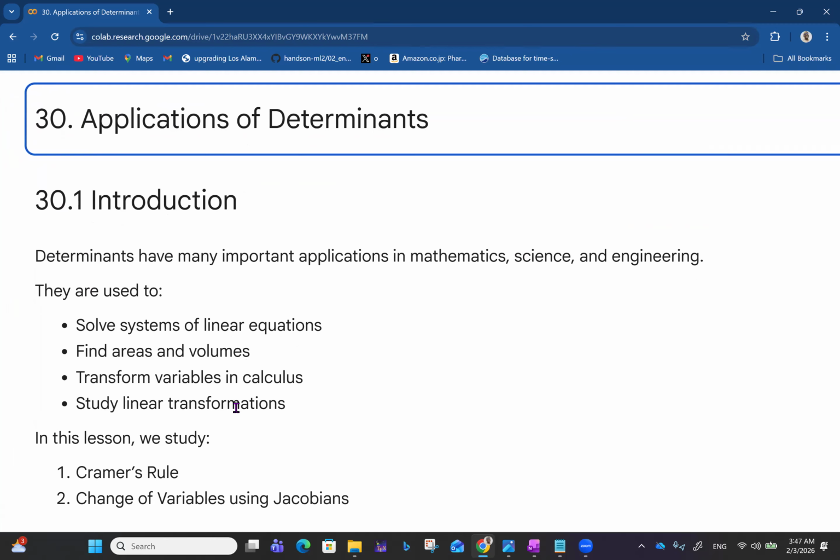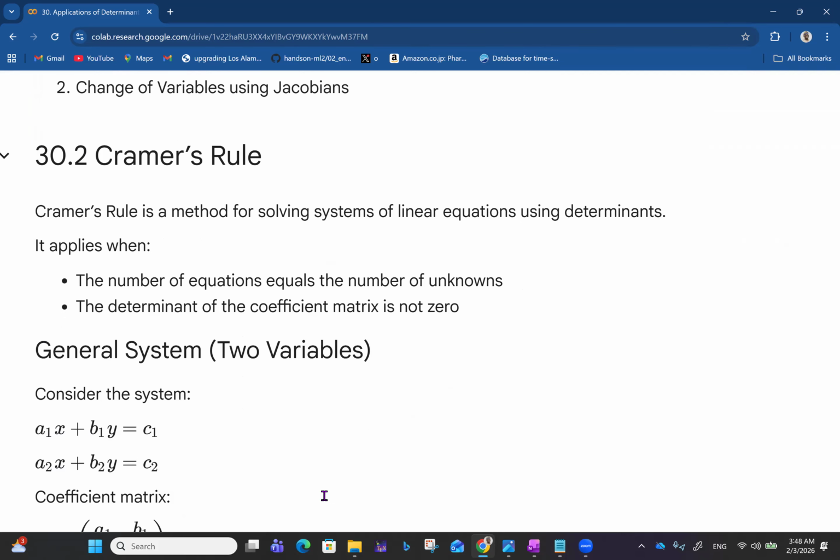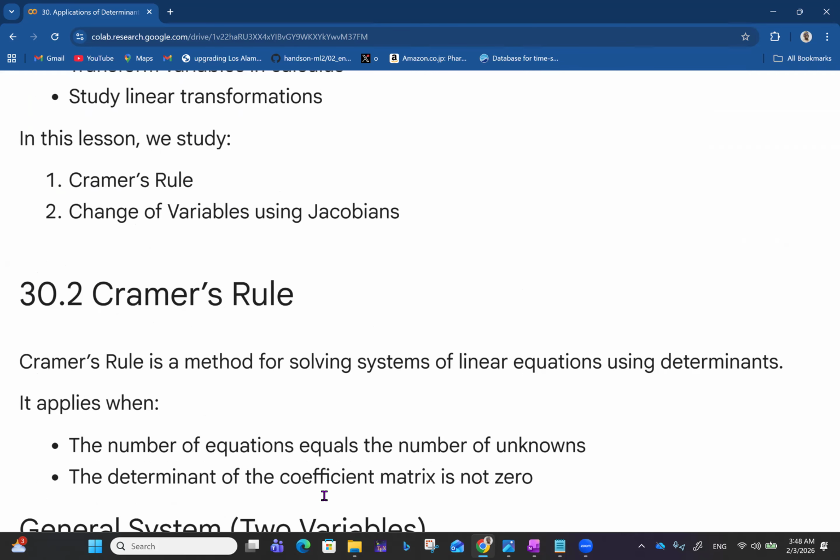They are used to solve systems of linear equations, find areas and volumes, transform variables in calculus, study linear transformations. In this lesson, we study two major applications: Cramer's rule for solving systems of equations and changing of variables using Jacobians. Okay, so let's go ahead and talk about Cramer's rule.